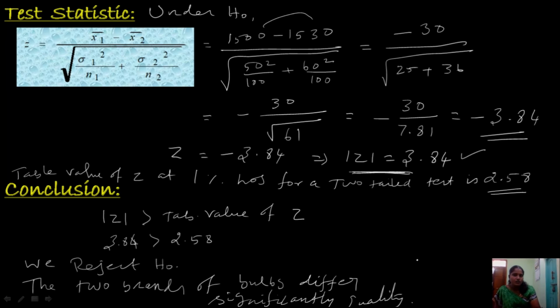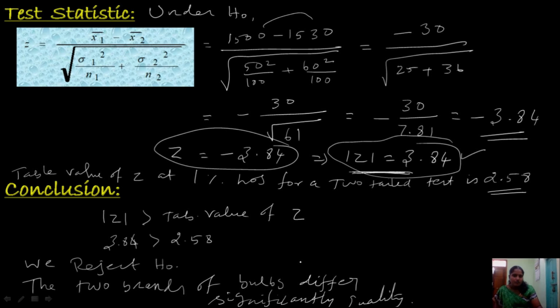Let me show you visually how this value falls in the critical region. For a standard normal curve, this is the center. You know already the area under the curve is exactly equal to 1, that is 0.5 to the left-hand side and 0.5 to the right-hand side.